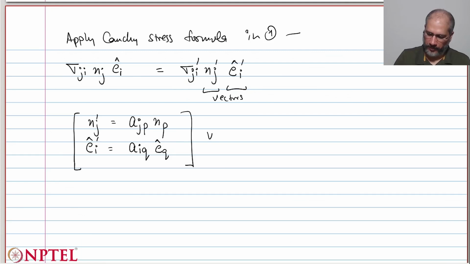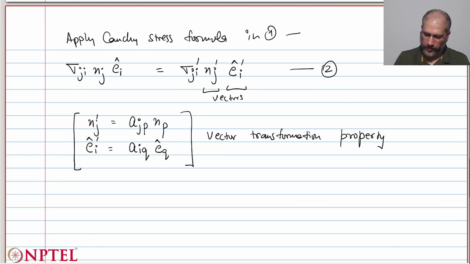Okay, so this is from the vector transformation property. Let's call this equation 2. So I substitute the above in equation 1.